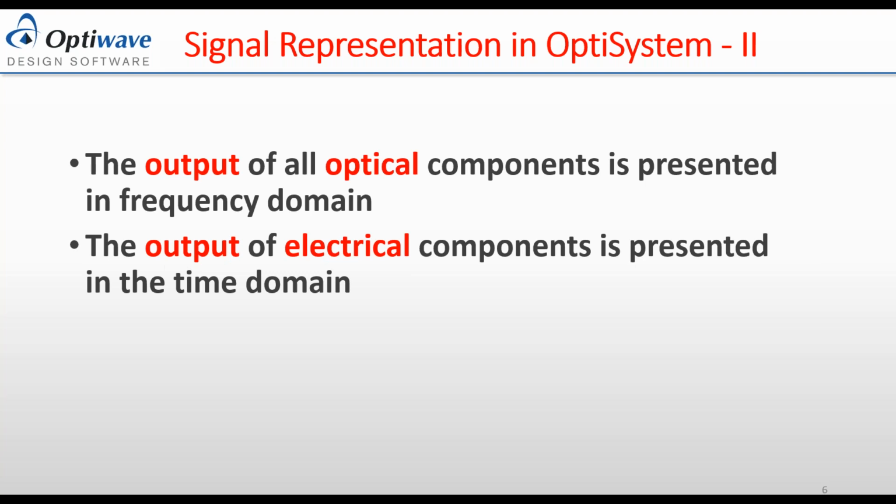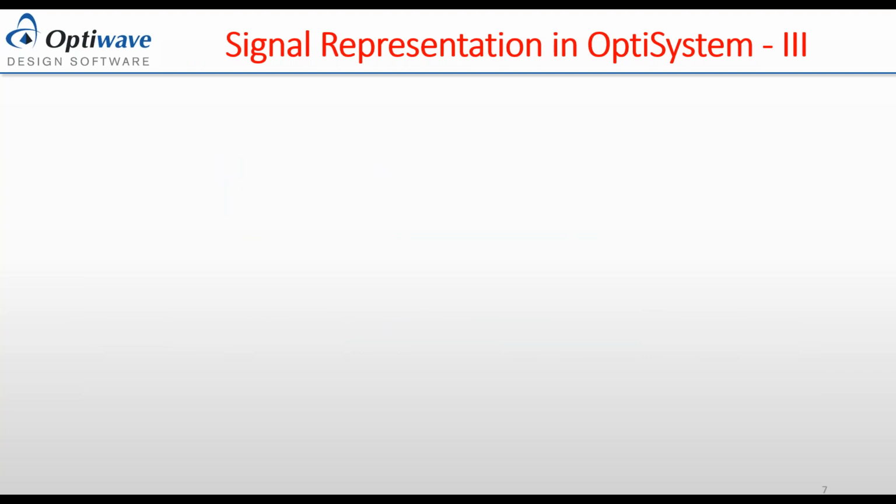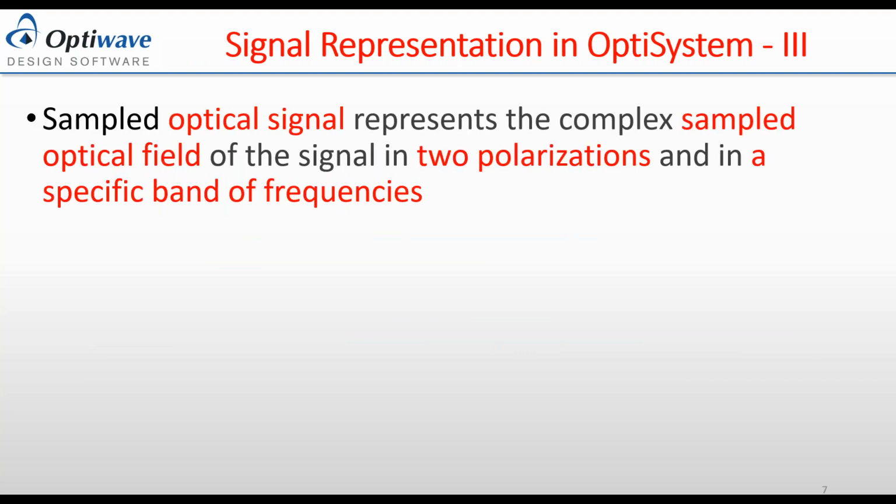Now, again, the signals for optical signals will be defined in the frequency domain. Electrical signals are defined in the time domain, and for some other components like DSP and MATLAB components, you can define the output to be in the time domain or frequency domain.